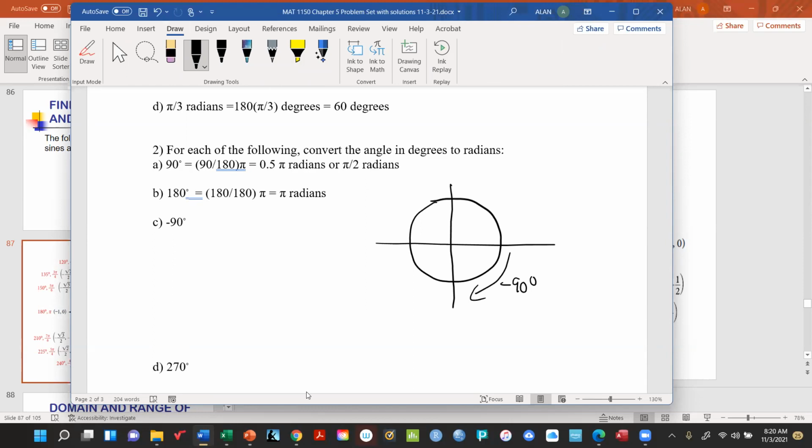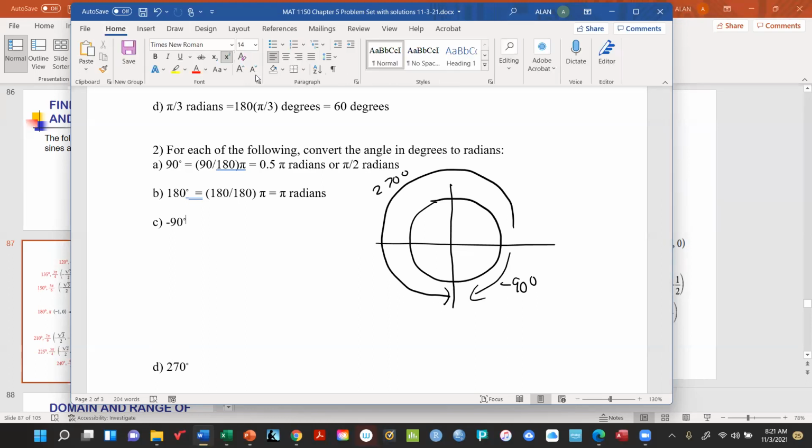In order to reach that on this side, you're actually going 270 degrees. So I think in a case like this, your best bet is to convert this into positive 270 because they mean the same thing, of course. And then you do the conversion into radians. Okay, so in other words, this equals positive 270 degrees.